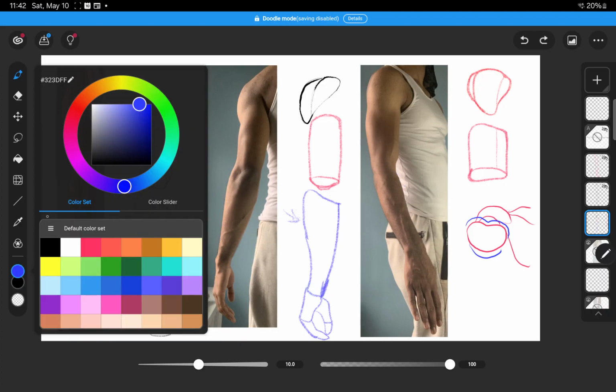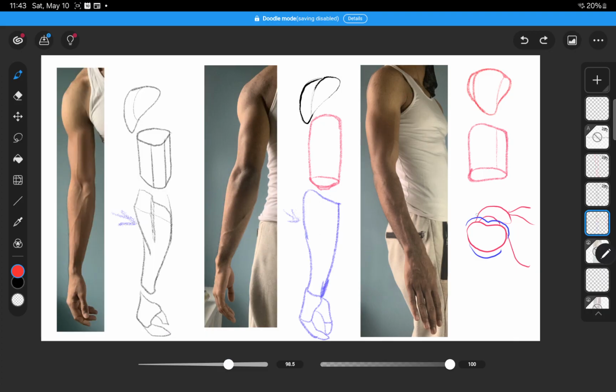We change to red. Whoa, what's going on? All right, so this right here is just one, like this bump right here.